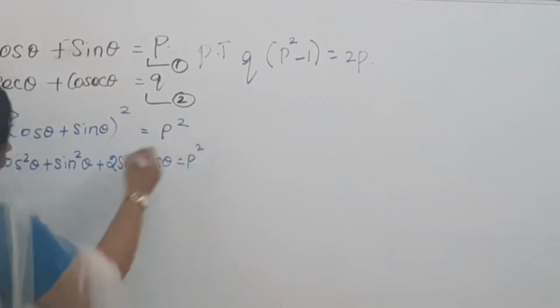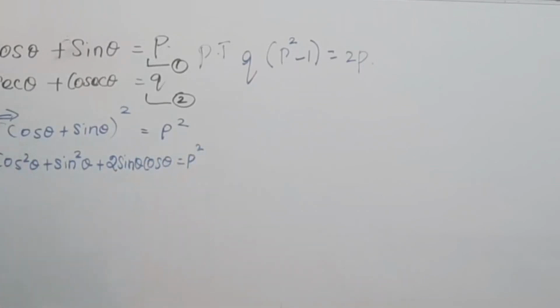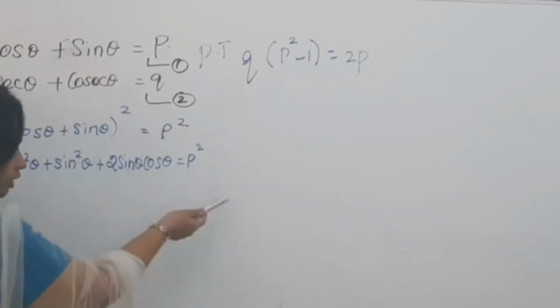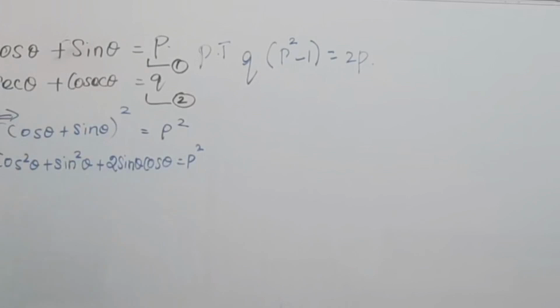is equal to P square. Now children, I told you in the previous question, it is not given sine theta plus cos theta equal to P. So it is given cos theta plus sine theta is equal to P. So we cannot substitute cos square theta plus sine square theta is equal to 1, no? But you just look at it, you should have P square minus 1. That 1 should come to the other side, it will become minus 1.